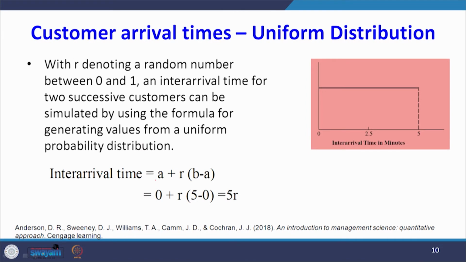So, what is that formula? That formula is A plus R into B minus A. Here A is 0, B is 5, R is a random number between 0 and 1. When you substitute A equal to 0 and B equal to 5, it will be 5 minus 0, so it will be 5 R. So, inter arrival time is 5 R.